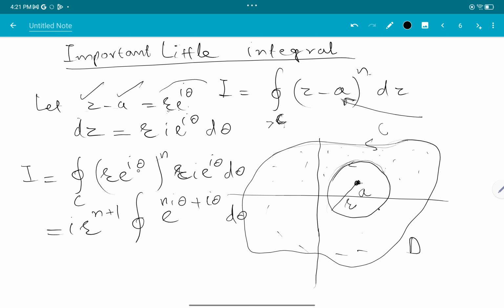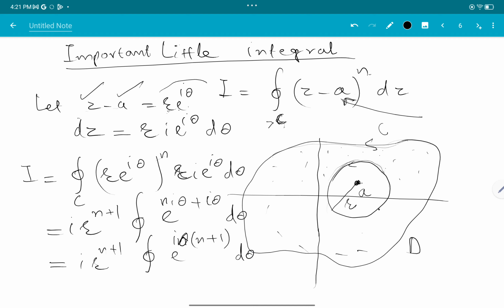You can do it yourself, that's quite easy. I r raised to n plus 1, then you have the integral of e raised to i theta, taking i theta out, n plus 1 d theta.